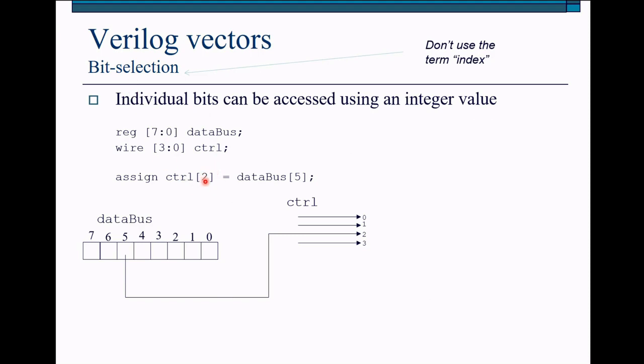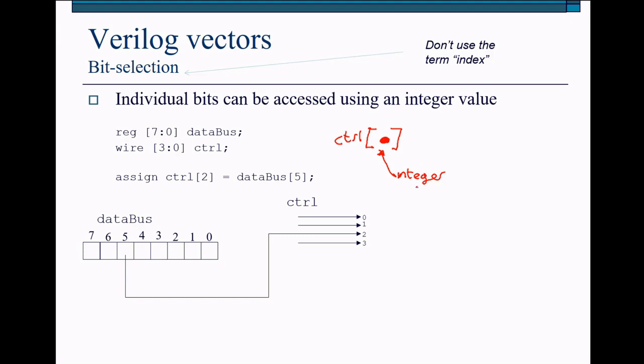So think of it that way, because later on we will see array indexing, which is different from bit selection in Verilog. So when accessing an individual bit within a vector, we use the vector name, for example, control, square bracket, an integer value, and close square bracket. And this is a way in which we can access an individual bit or an individual wire within a vector.